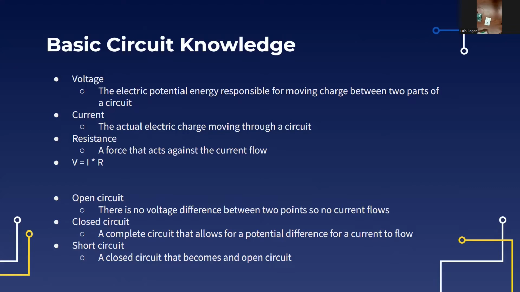If they're not connected to each other, then there's no voltage difference. But if I were to connect these two together, now there's a voltage difference between, let's say we're using a 9 volt, 9 volts and 0 volts. So the voltage would be 9 volts in the wire, and you would have current flowing through it.